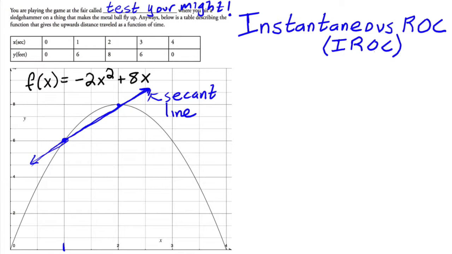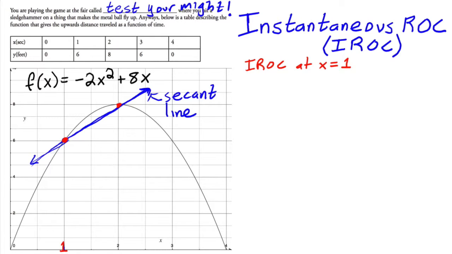Let's say, just to think this through, we're looking for the instantaneous rate of change at x equals 1. Now remember, we said we can approximate the instantaneous rate of change by choosing two numbers that are close together.